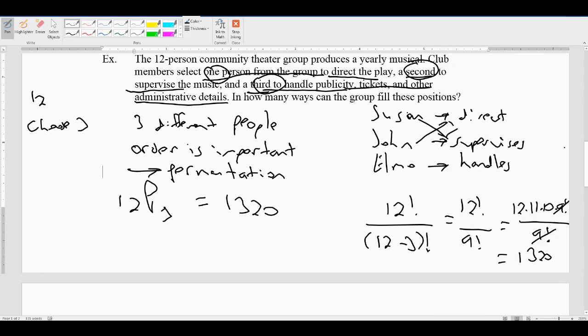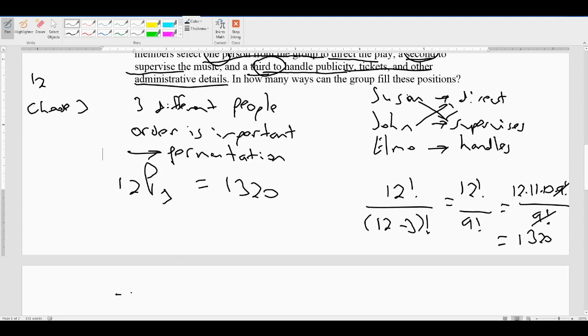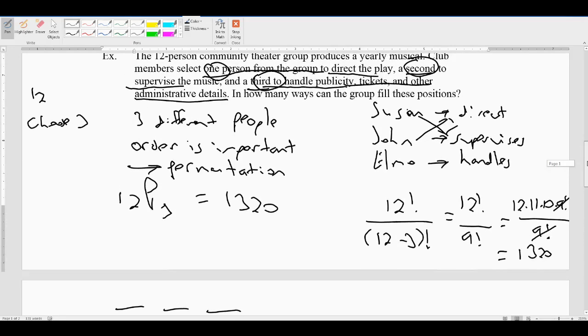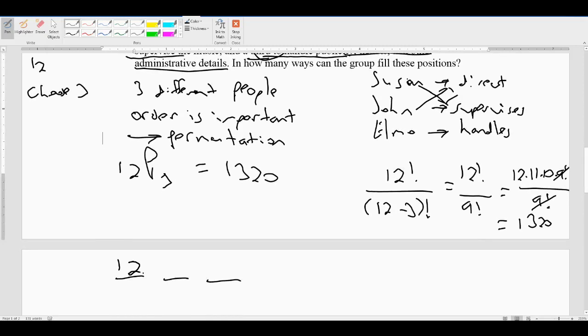So you can do permutations. Watch this. There may even be another way. We have 3 different jobs. So I'm going to use 3 different blanks. How many people do we have for the first job? Well, there's 12. So when you assign someone, 1 is out. How many people are left now? 11.